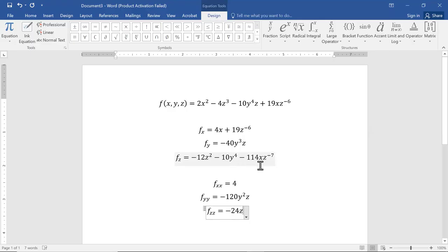And if you take a derivative of this with respect to z, negative 7 needs to multiply times negative 114. That'll give you positive 798 x z to the negative 8.